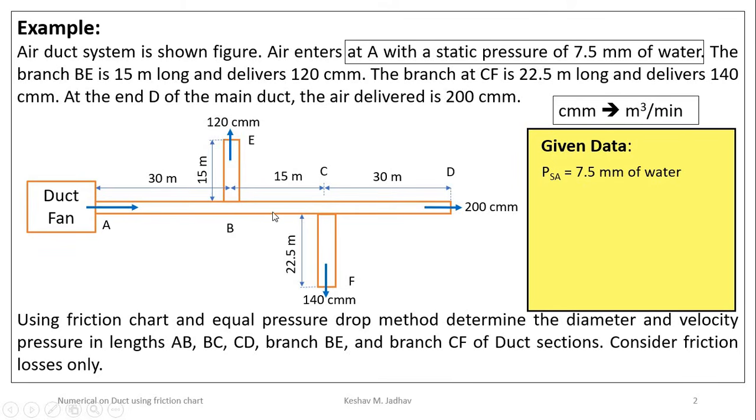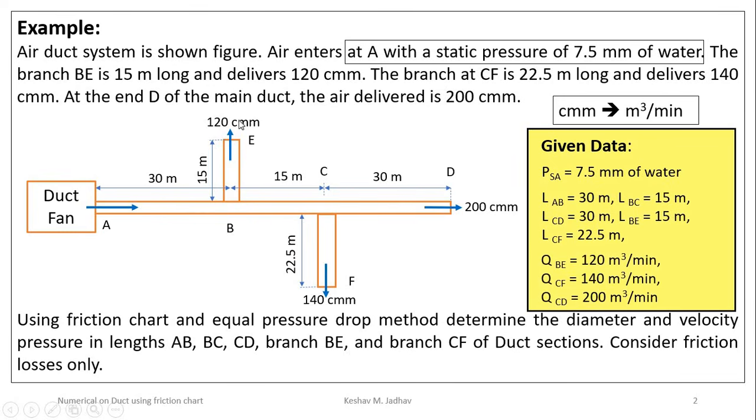Now from given diagram we can write length of duct section AB is 30 meter, length of duct section BC 15 meter, length of duct section CD 30 meter, length of branch BE 15 meter and length of branch CF 22.5 meter. Then here volume flow rates are given.